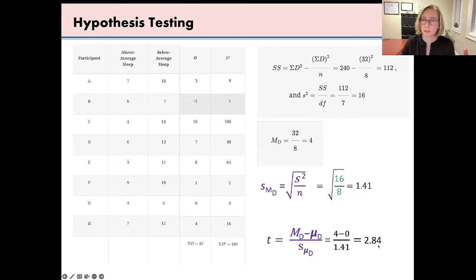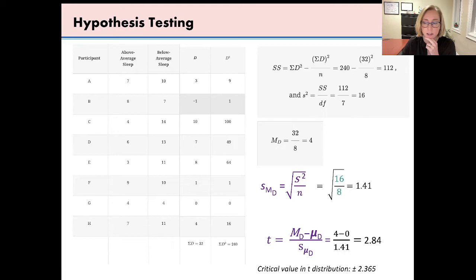So take a moment, 2.84, does that lead you to reject the null hypothesis? Or is this t not large enough? So the critical value we had before was 2 point something, 2.365.